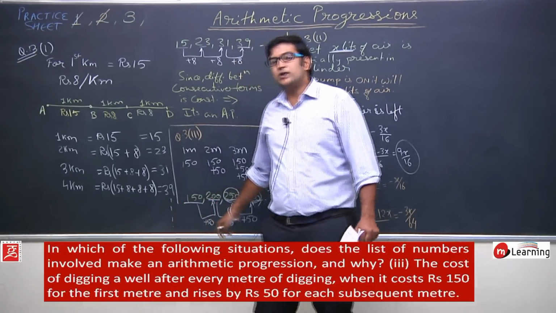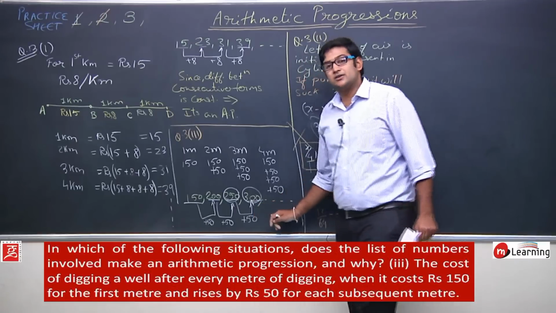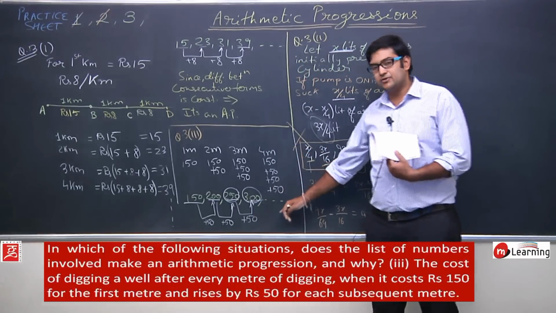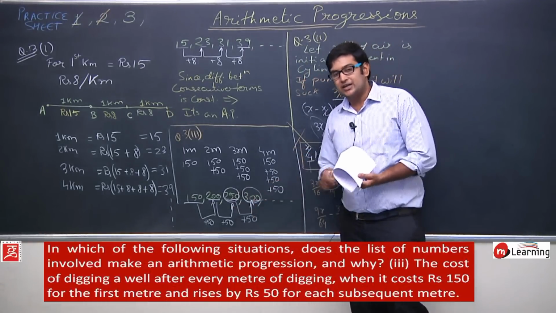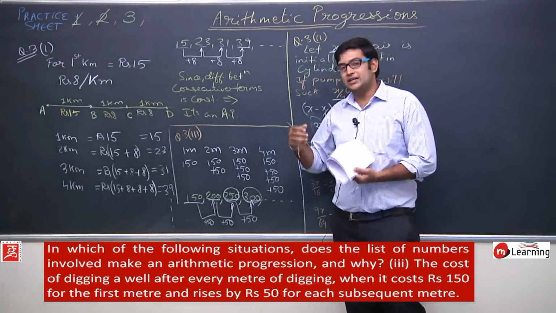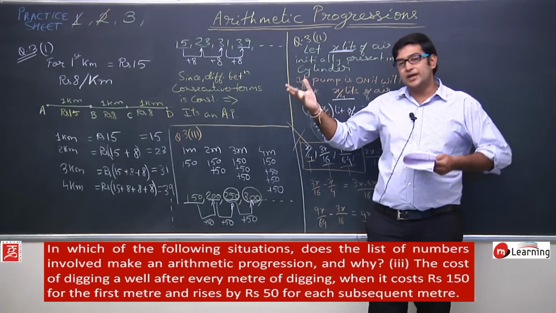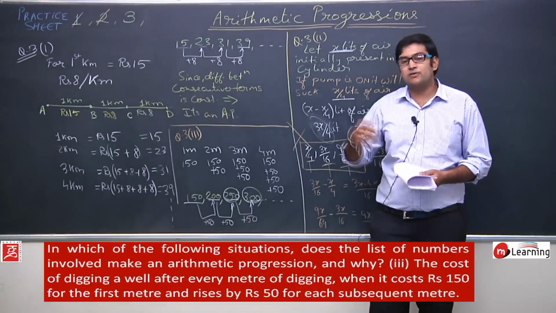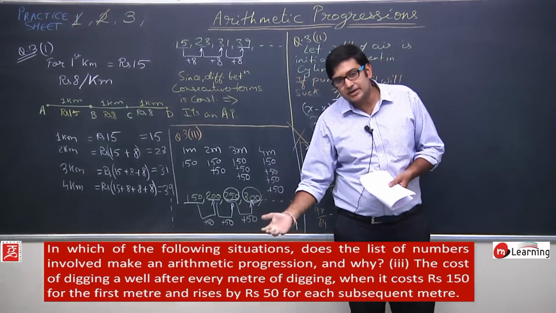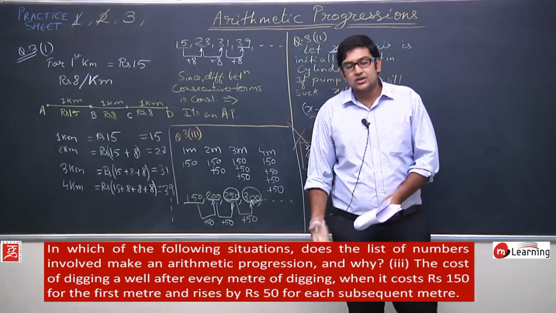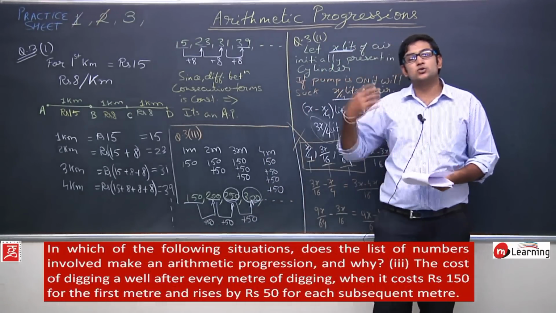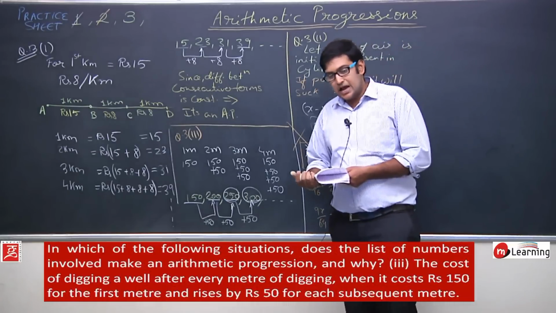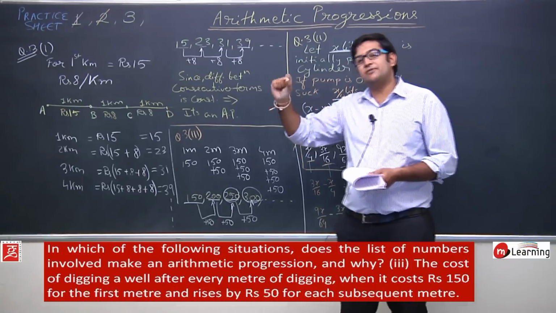So how will it help me? From observing this pattern, I can very easily determine how much amount I need to pay if I want to have a well of, let us say, 153 meters or 147 meters or 198 meters or 206 meters. I need not every time write 50, 50, 50.